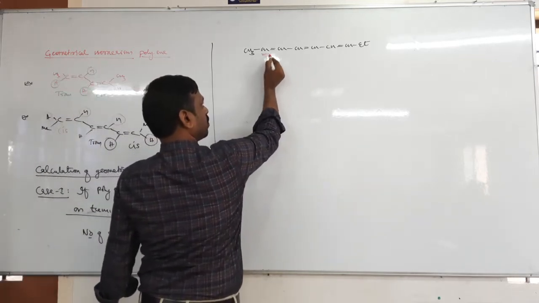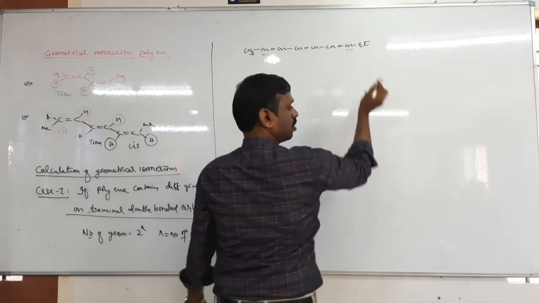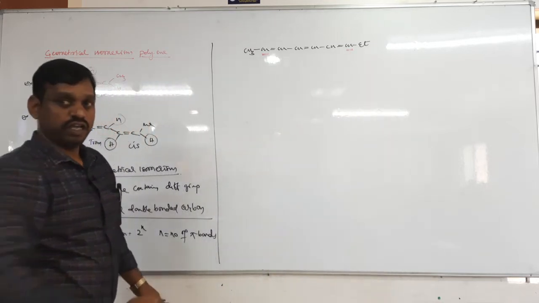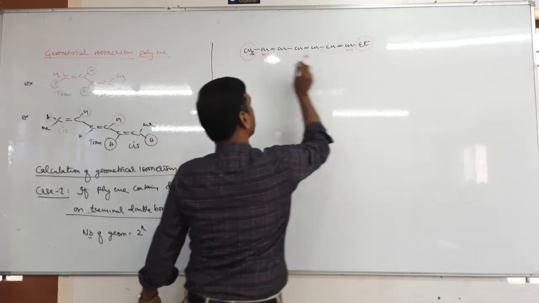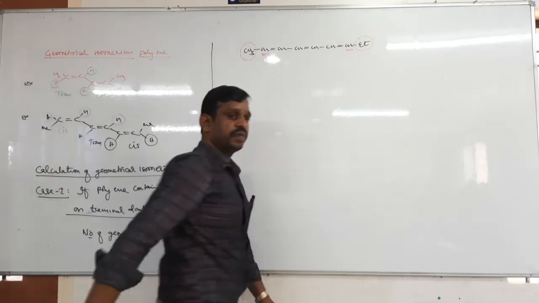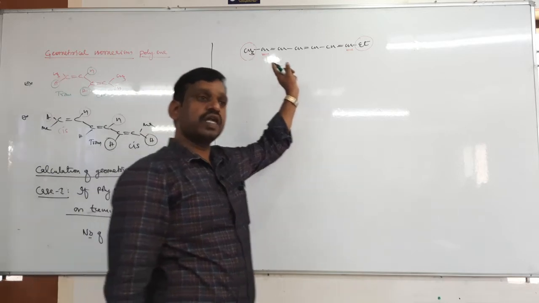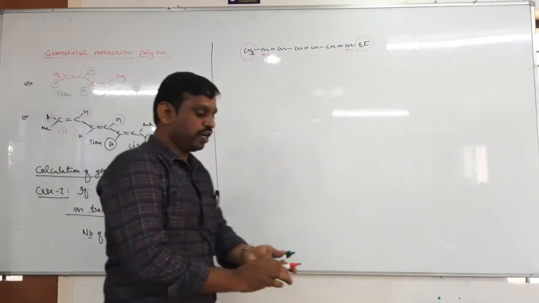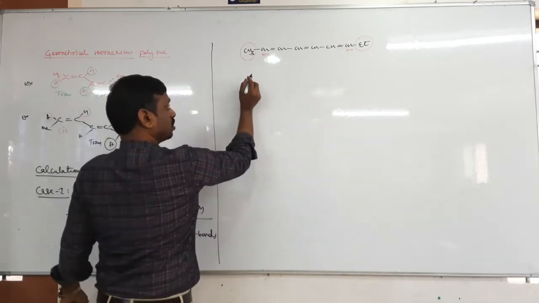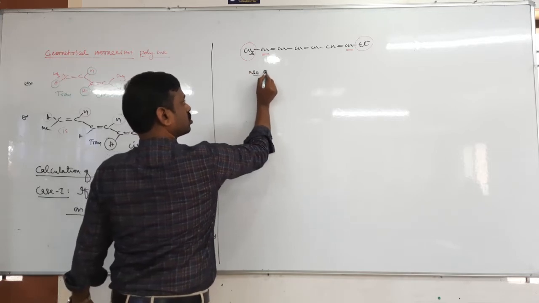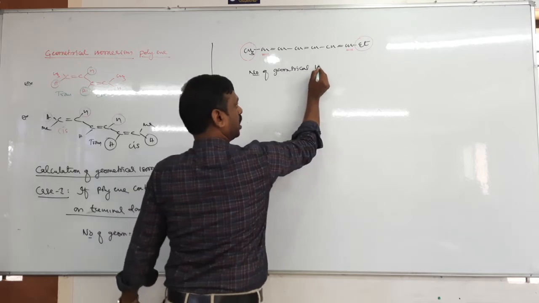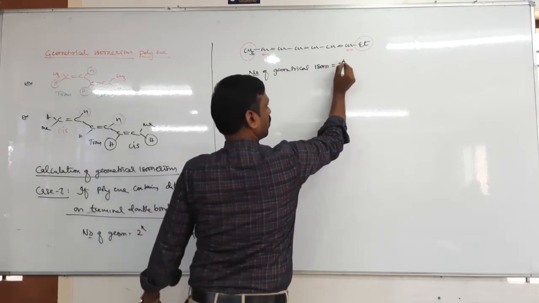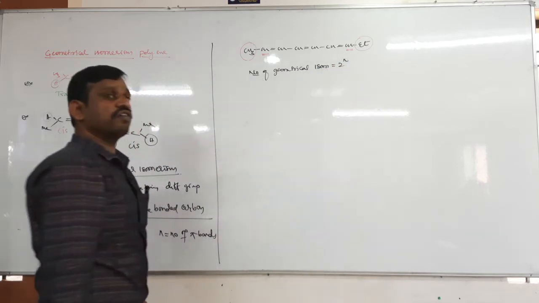If the terminal double bonded carbon is attached to different groups, methyl and ethyl, then the number of geometrical isomers equals 2 to the power n, where n equals the number of pi bonds.